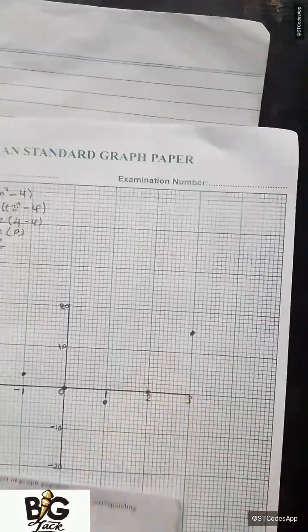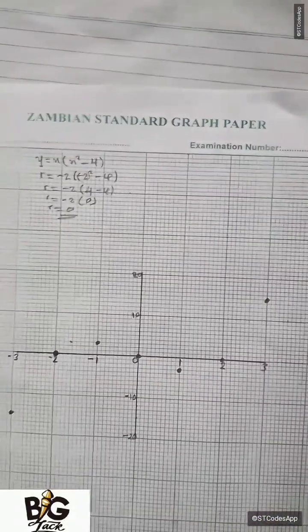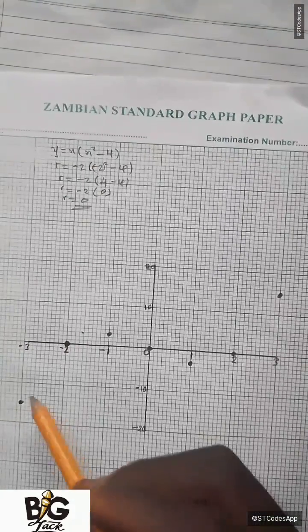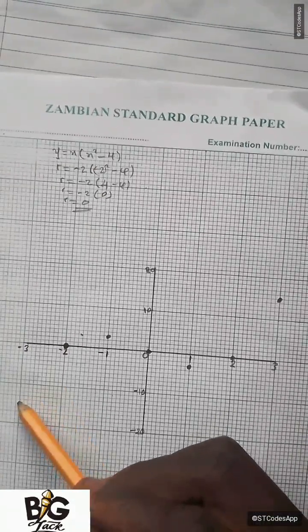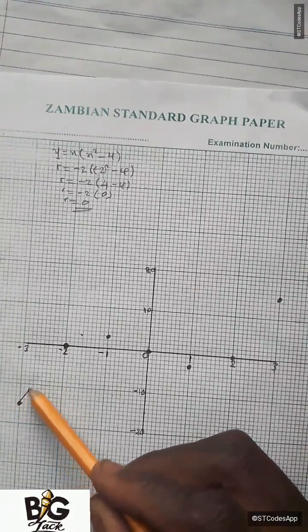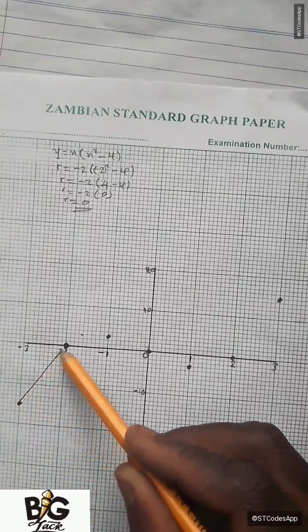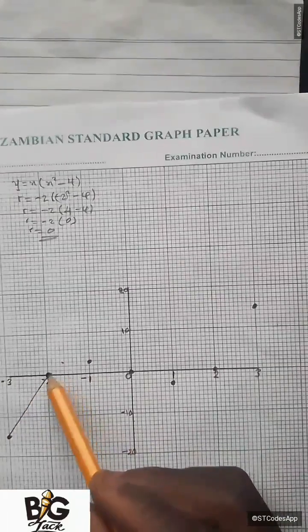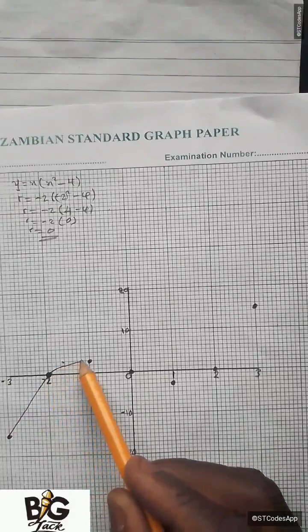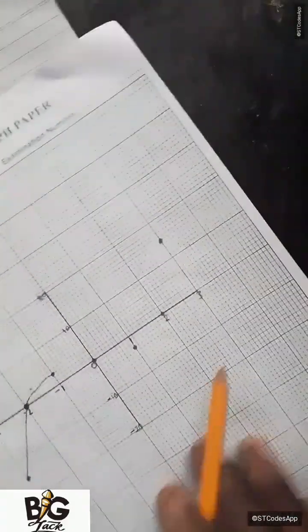Then from there, you join the points using your free hands. Don't use a ruler. You need to join the points using your free hands.